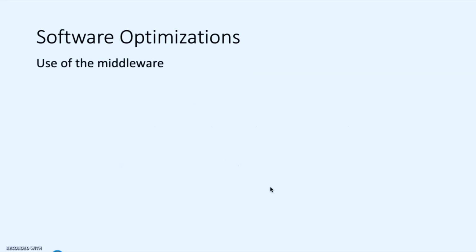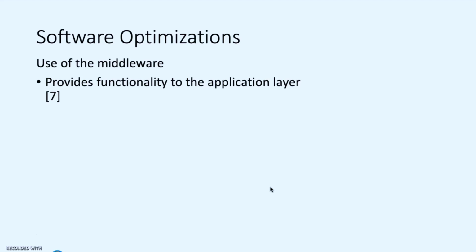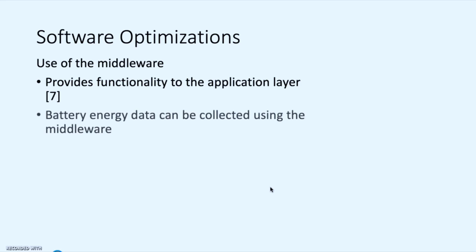And talking about the middleware, it lies below the application layer, and it provides functionality for the application layer. One of the best things you can do is collect the battery energy data, so how much energy gets consumed by using some of the apps, and then you can store them in a queue, in any kind of format.